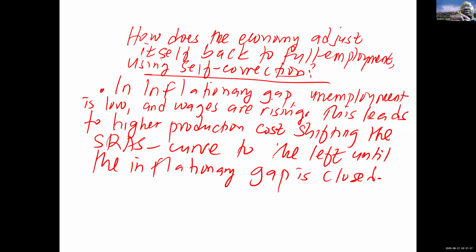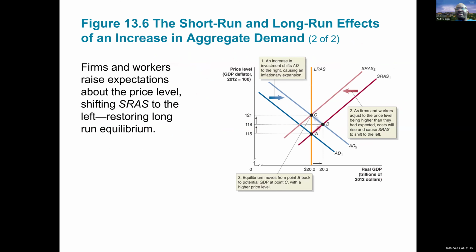Okay? So once we close the inflationary gap, that means the economy is going to be back to its long-run equilibrium value. So look at what's going to happen here. This is exactly what I'm talking about.